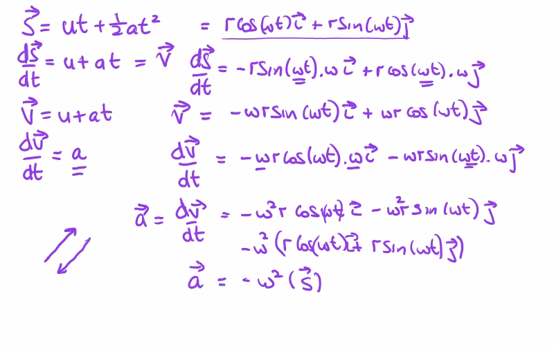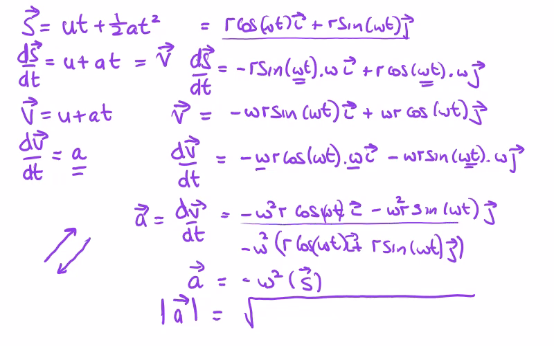What else do we know? Well, we can get the magnitude of a by using Pythagoras. So the square root of these two things squared, I'll take it from this line here. The minus will go to a plus anyway, so it's going to be w to the power of 4, or squared.